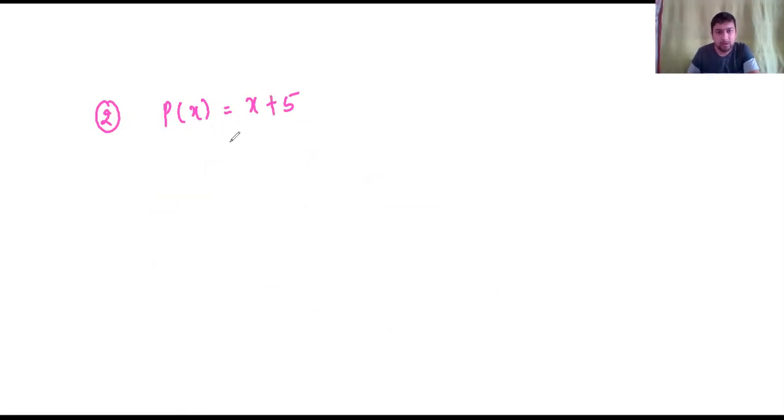Now you have to find out value of x such that p of x should be equal to 0.